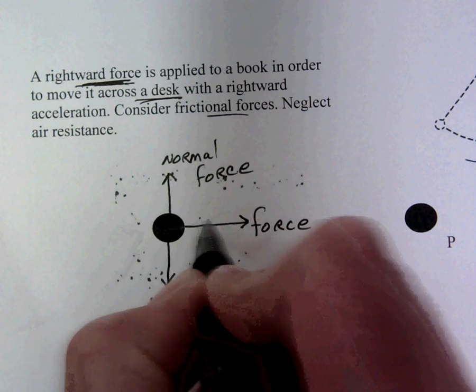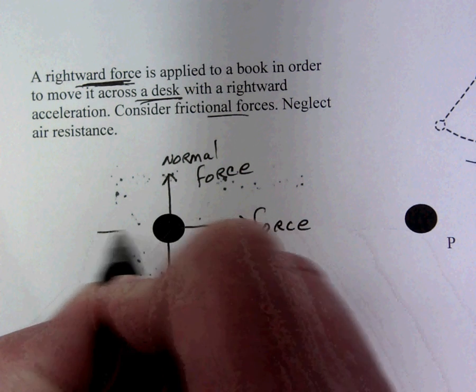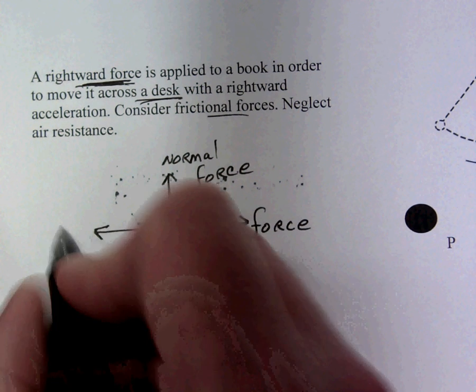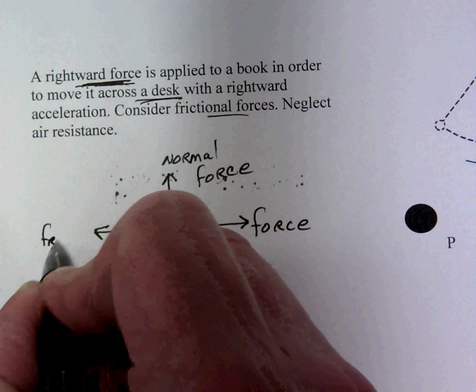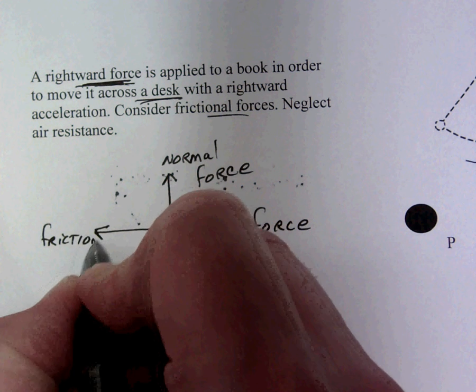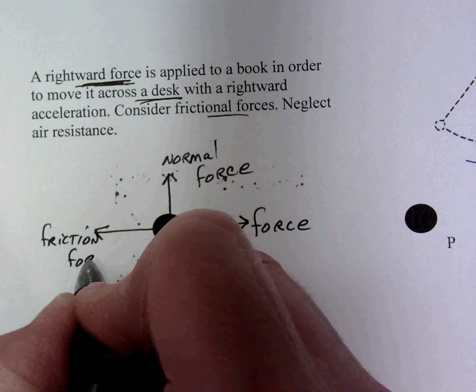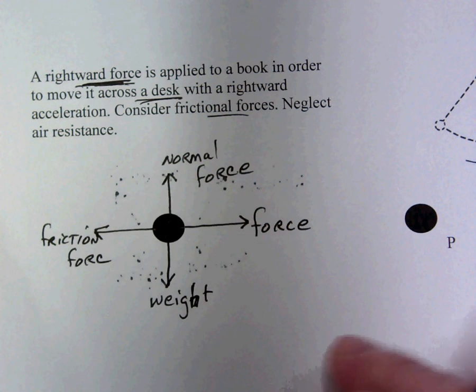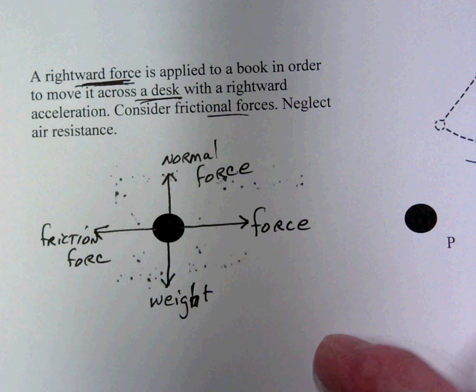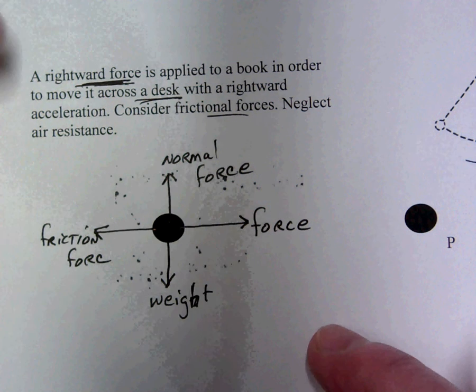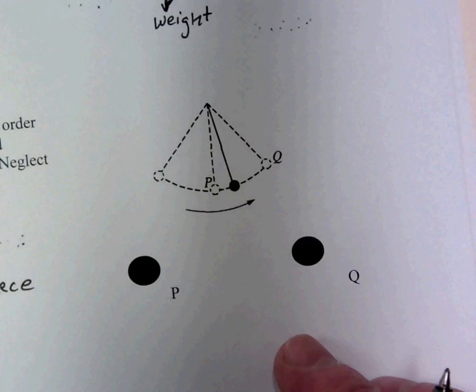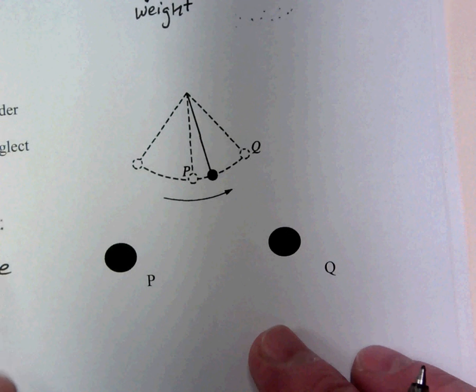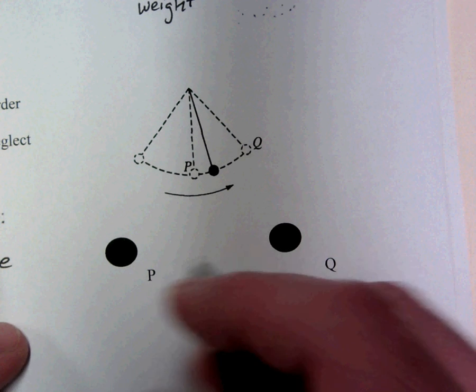So if it's going to the right, then our friction force is going to the left. You can see that one had 4 vectors coming away from it. One more, and you should be able to do the rest.